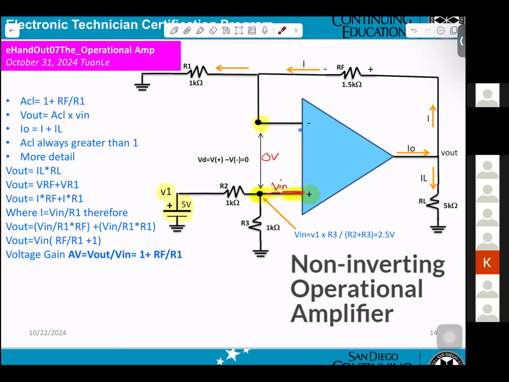However, you get R2, R3 that are used as a voltage divider. You can calculate V in. V in will be V1 times R3 divided by R2 plus R3. You get 2.5 volts. That's V in.